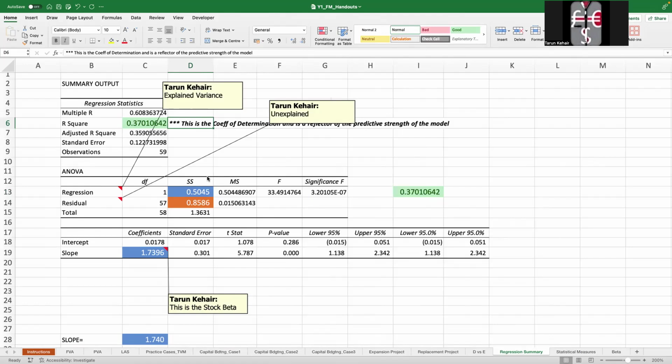This will set the tone and the background for the security market line, in which on the x-axis we take only systematic risk, which is your beta, and how your returns vary with that beta is demonstrated by the security market line. The two things are completely different. Don't ever get confused.